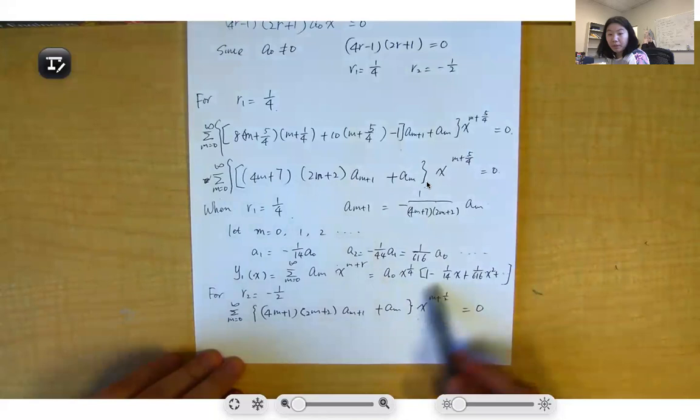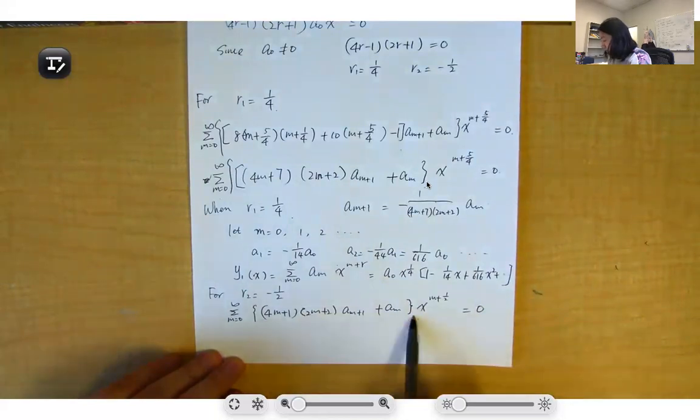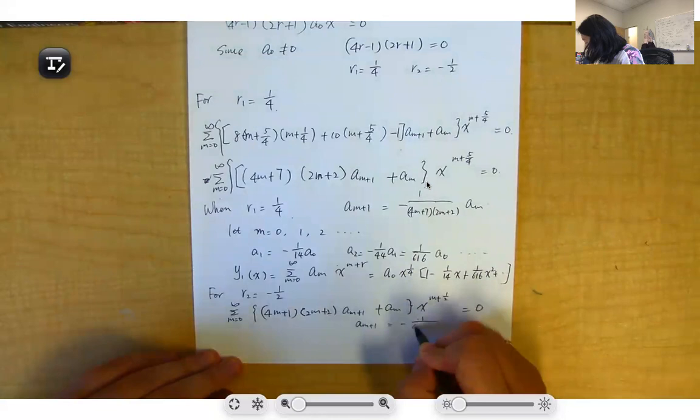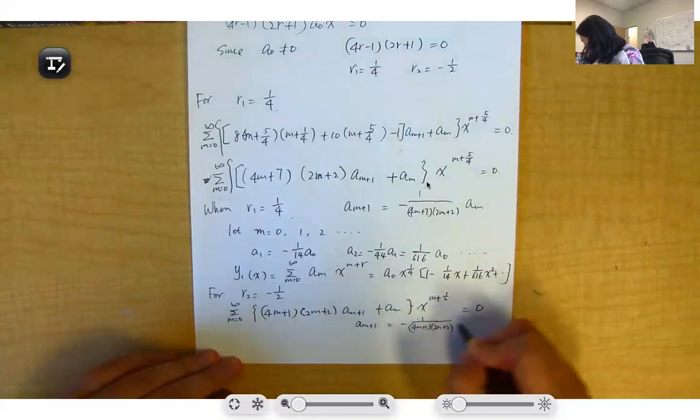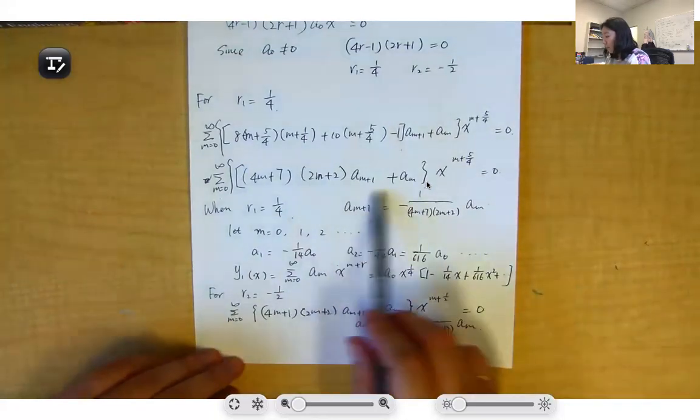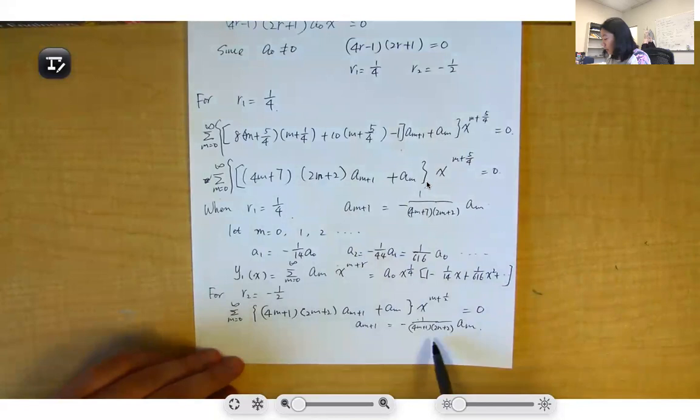Since this term couldn't be 0, that means the relationship of this has to be 0. So you get the coefficient where a_{m+1} will be negative 1 over (4m plus 1)(2m plus 2) a_m.